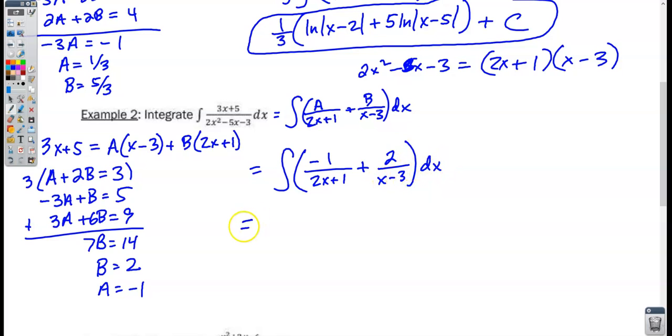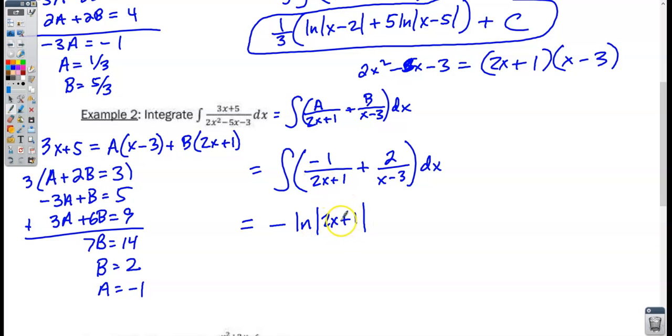And now I'm going to go ahead and integrate term by term. And this first one is a very common error for students. If I take the integral of this, you might think this is negative natural log of the absolute value of 2x plus 1. But if I took the derivative of this, it would be negative 1 over this expression times the derivative of the inside.